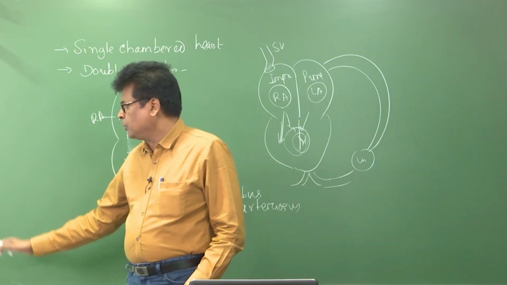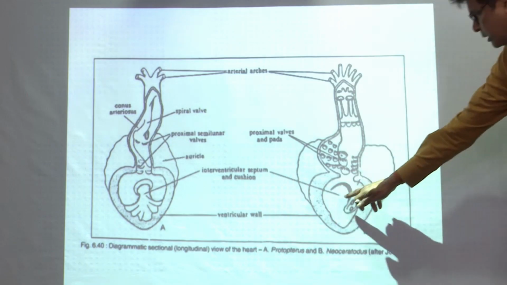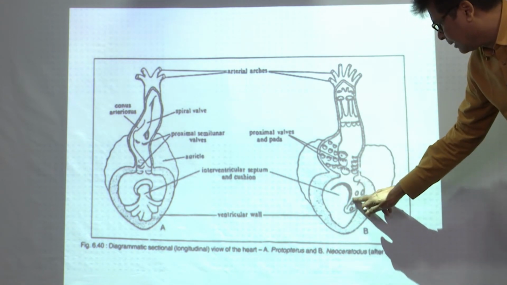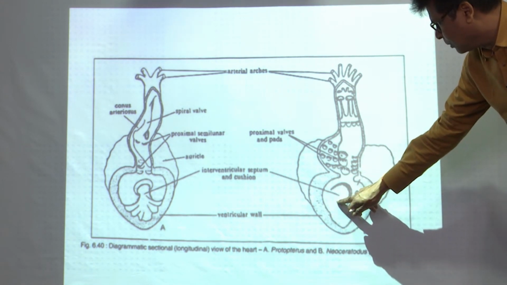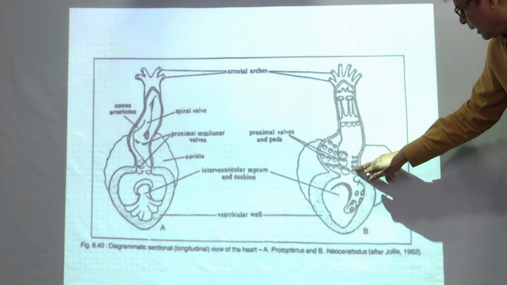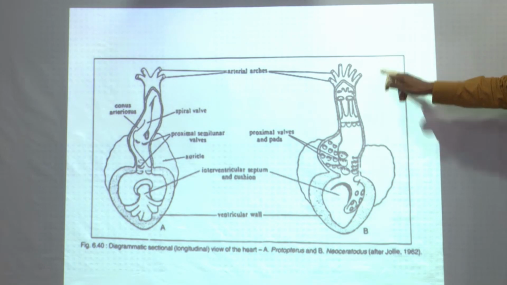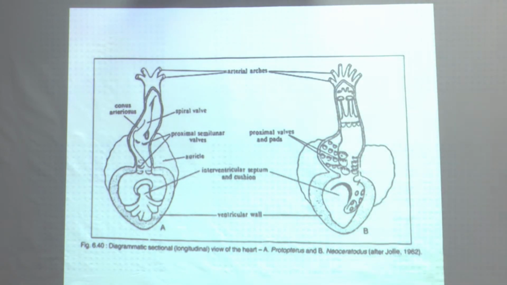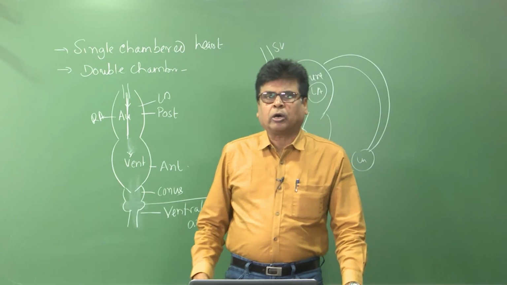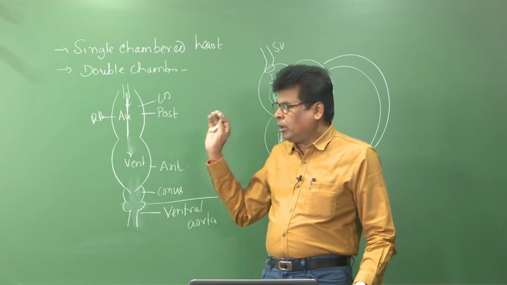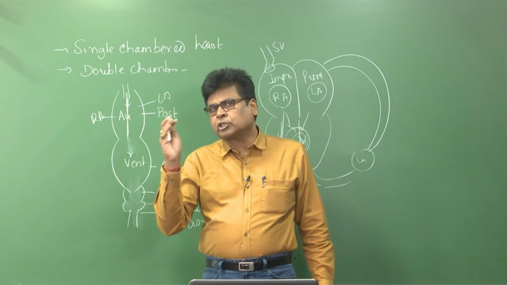This is the ventricular wall, and this is the interventricular septum, with the right side and the left side. From the left side the blood will go to different parts of the body, and from the right side the blood will pass to the lungs or gas bladder for purification. So, this is all about the 3 chamber heart in dipnoi.